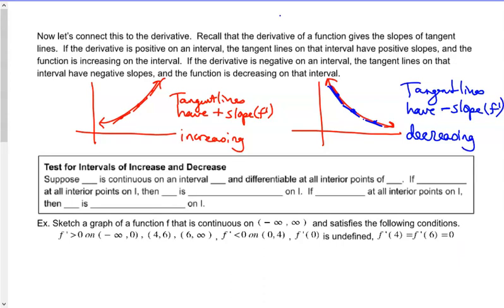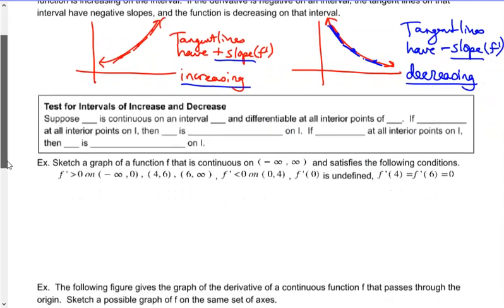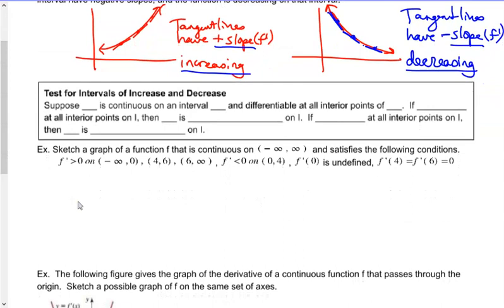So we have to have some kind of test for increasing and decreasing. Well, if I'm increasing, we have positive slopes. If we are decreasing, we have negative slopes of the tangent line. So here's our test. It says that suppose f is a continuous function on an interval I and differentiable at all interior points of I. So basically one of those open and closed intervals.